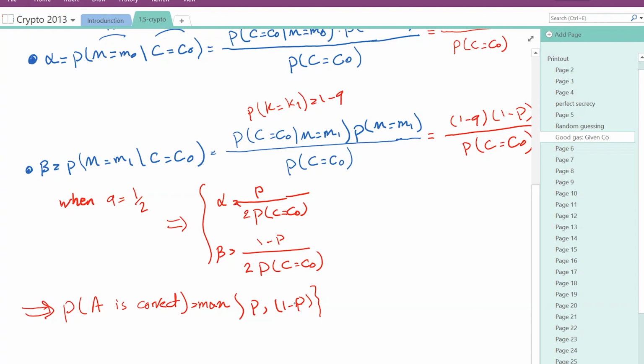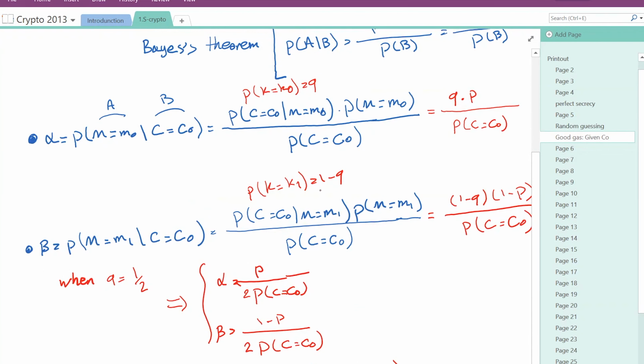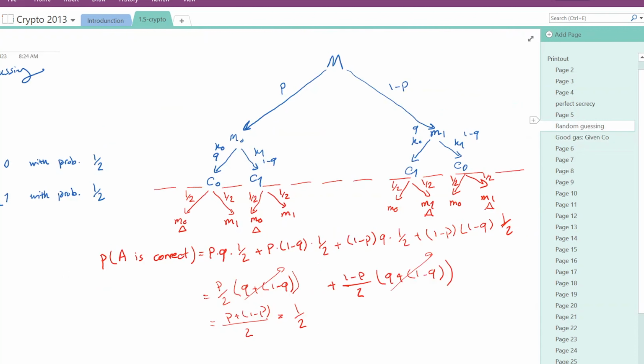So you see that what this means is that this is equal to the probability of the message space, right? Because if the adversary knows the distribution of the message M in the first place, P and 1 minus P, if he knows P is, for example, 2/3, then what we have shown is that access to this computational tree didn't really help the adversary.